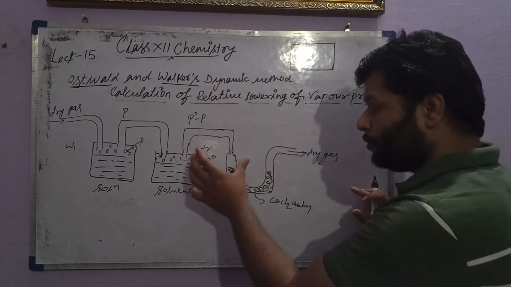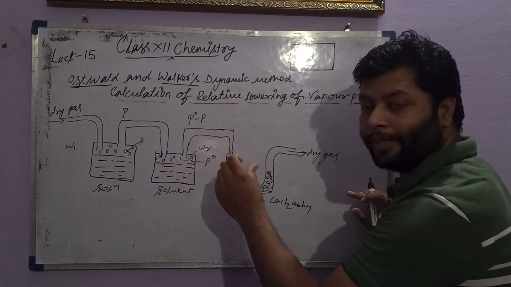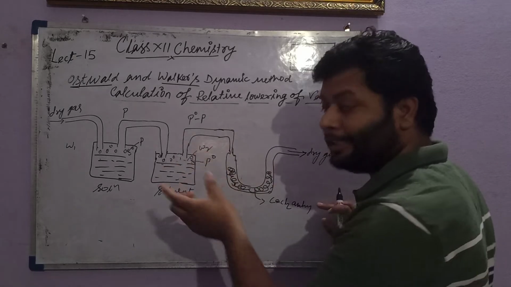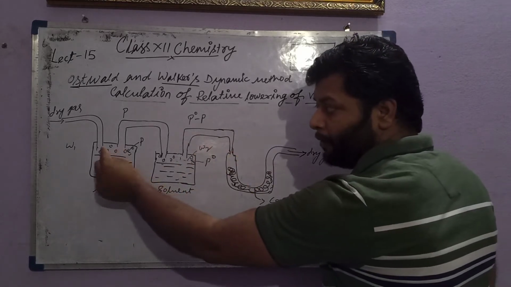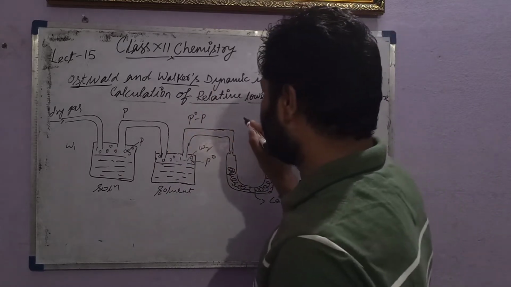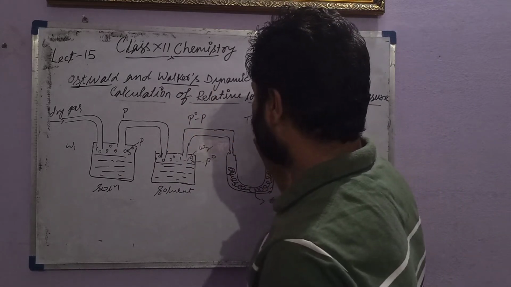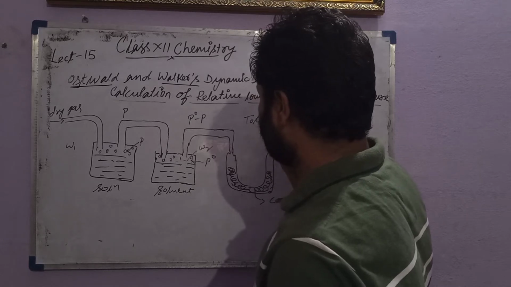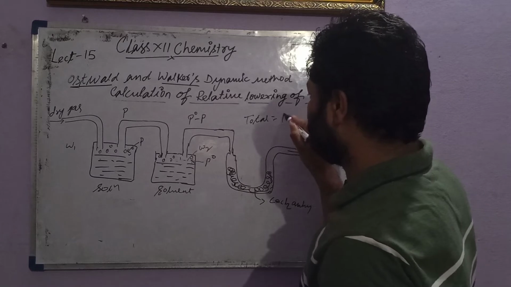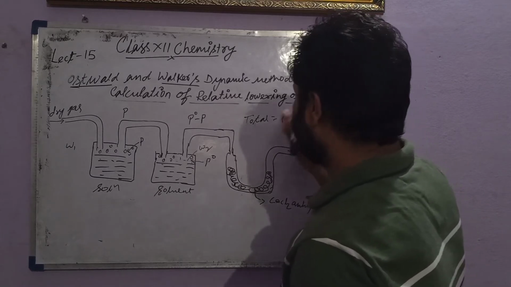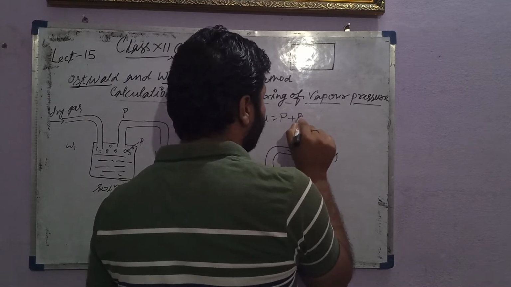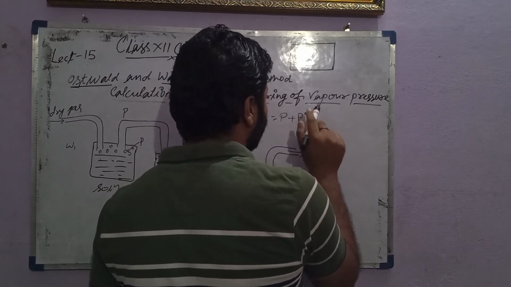So now the total vapor mixed with the dry gas is P from the first vessel plus P naught minus P from the second. Total vapor mixed in the dry air should be equal to P plus P naught minus P, which equals P naught.